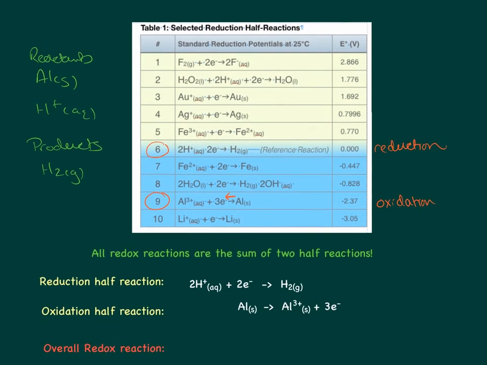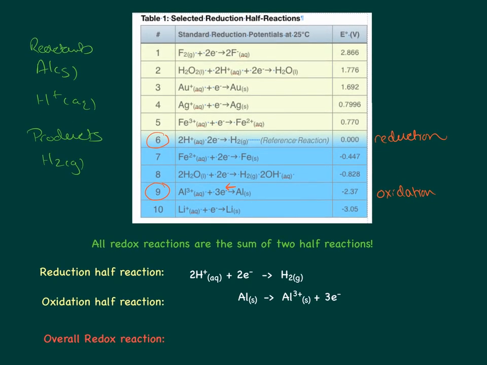Down below, I've already written the reactions in their proper direction. Here's our reduction reaction. Here's our oxidation reaction. To get the overall reaction, all we're going to do is add the reduction half reaction to the oxidation half reaction. But since the oxidation half reaction generates the electrons that are consumed in the reduction half reaction, the number of electrons being generated has to equal the number of electrons being consumed.